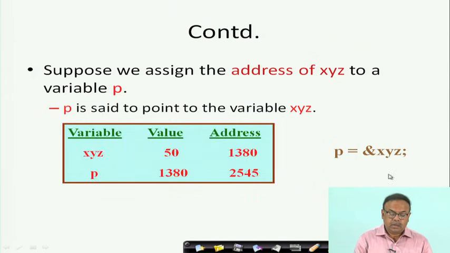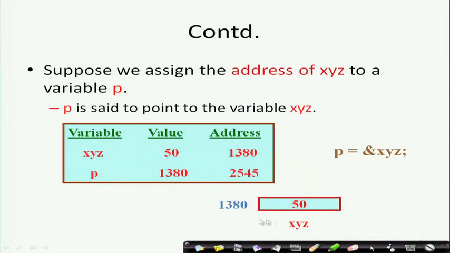Now, here we can see that the variable xyz, its address is 1380, value is 50. P is a pointer variable whose value is 1380 because it is pointing to xyz. In our diagram that I was drawing by hand, this P was holding the value 5000, and its address here is say 2545. In my diagram it was 7000.